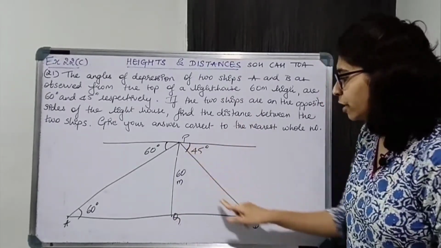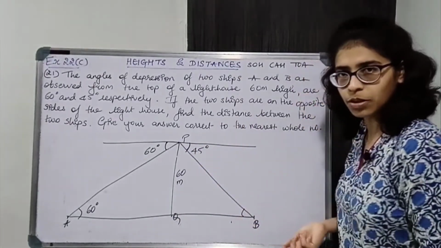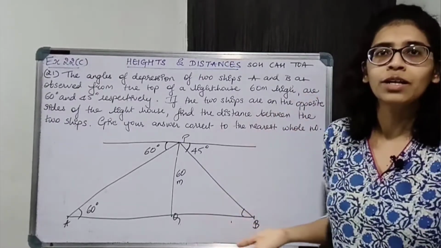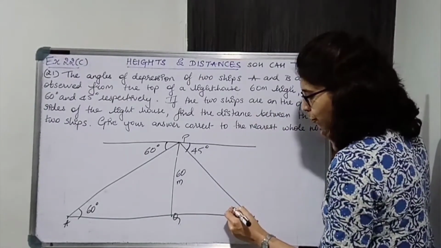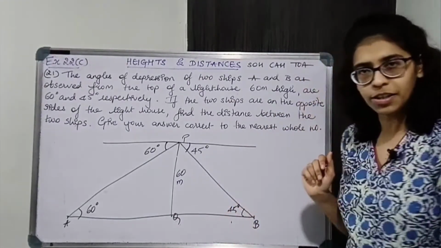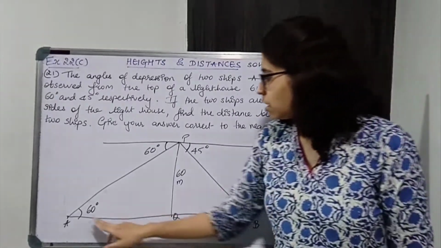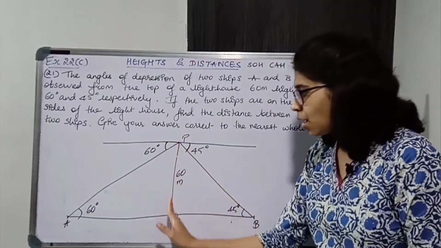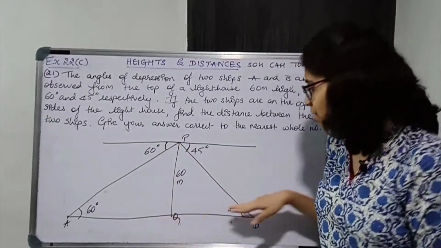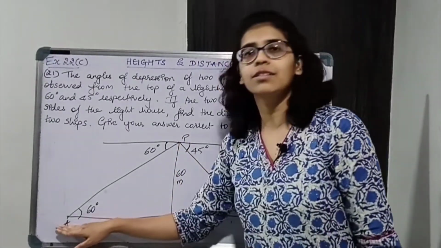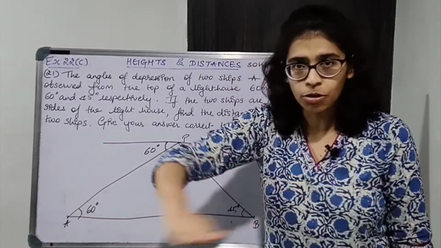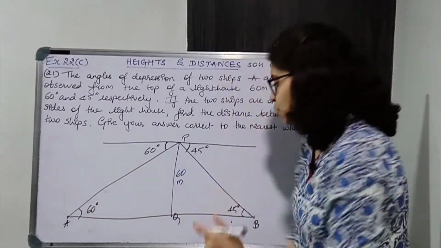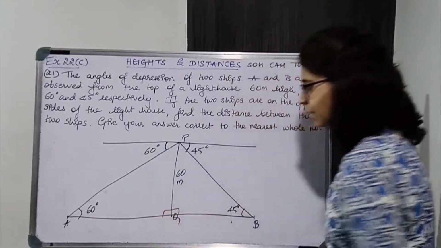Now this is 45, so this is also 45, okay. Angle of elevation is equal to angle of depression, so this is 45 degrees. All right. Now we know this angle, we know this angle. Now lighthouse is vertical, this sea water surface is horizontal, so 90 degrees है.